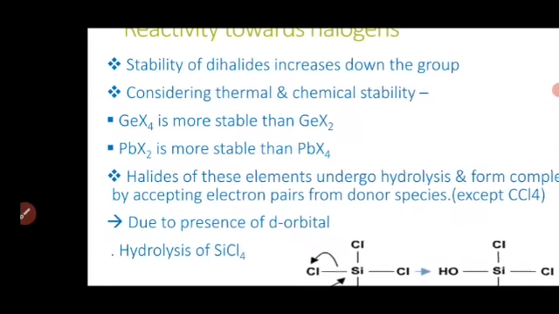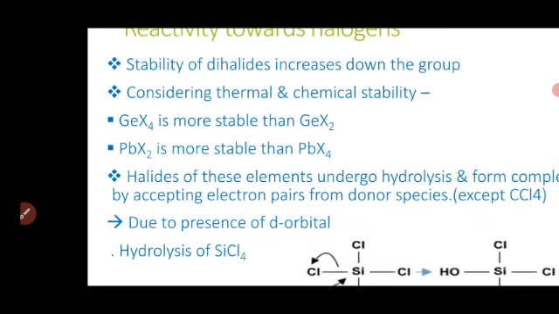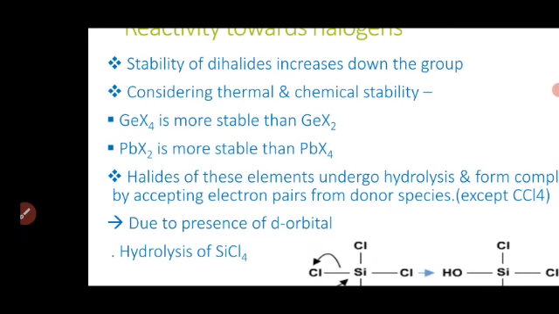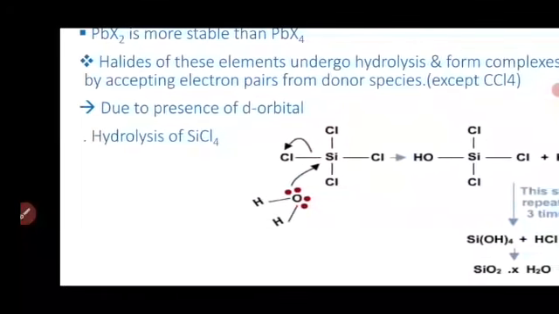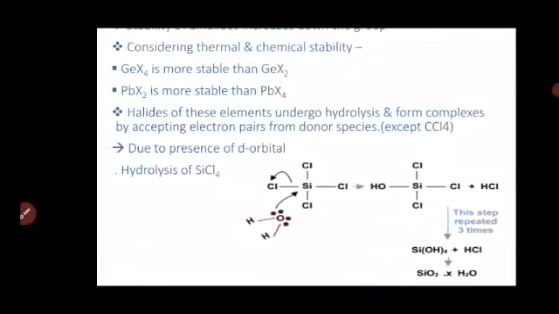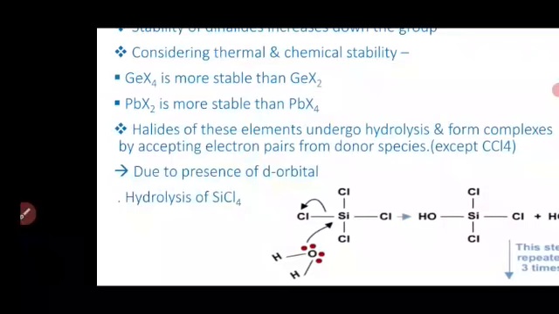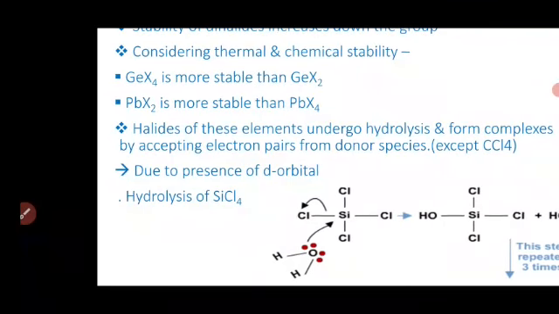Considering the thermal and chemical stability, GeX4, germanium tetrahalide, is more stable than germanium dihalide, whereas in the case of Pb it is reverse. So PbX2 is more stable than PbX4.